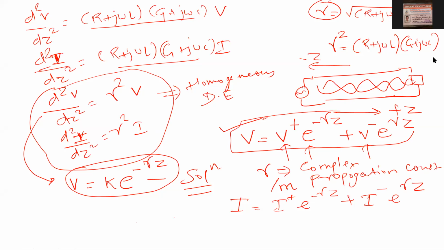Tell me. Sir, I was having one doubt. What does gamma mean in signal theory? It's the propagation constant, right? Yes, we'll discuss that. Sir, for a signal without any noise, should the gamma be more or less? No, there is no component of noise here. Noise comes into the picture when we transmit something and receive it.